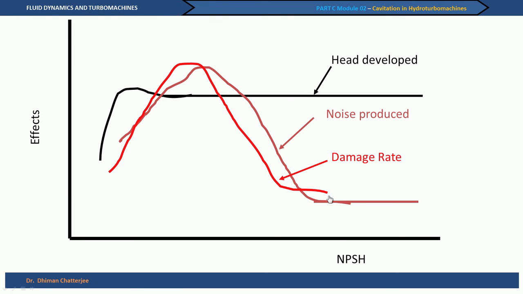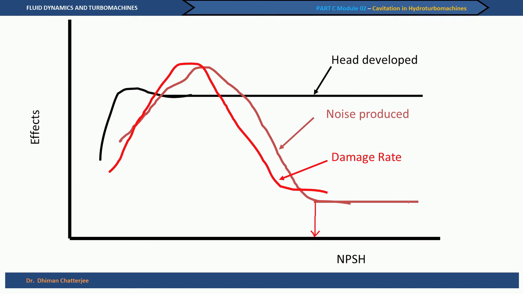For example, if I have to find out the inception of cavitation, then I can show that at this point there is a change in slope. The noise measurement shows a change in slope at this point. It is an elbow for this noise curve. So, for NPSH values higher than this point, that is to the right of the arrow, there is no effect of NPSH.